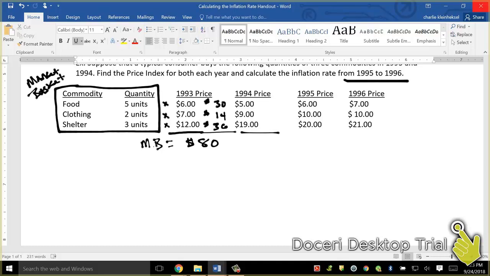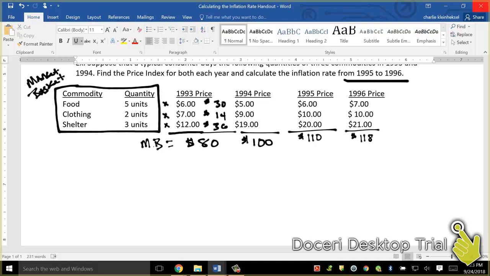For 1994, if my math is correct, this should be 100. For 1995, my math tells me it's 110. And for 1996, it should be $118. So we have a market basket value for each year.